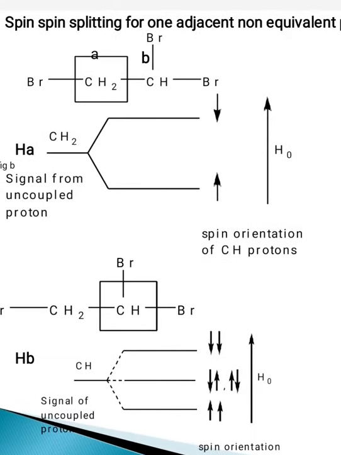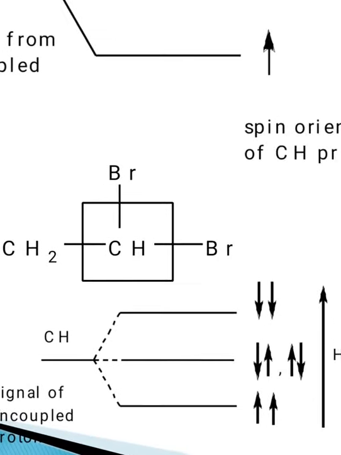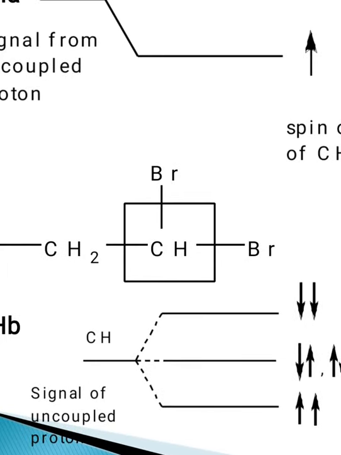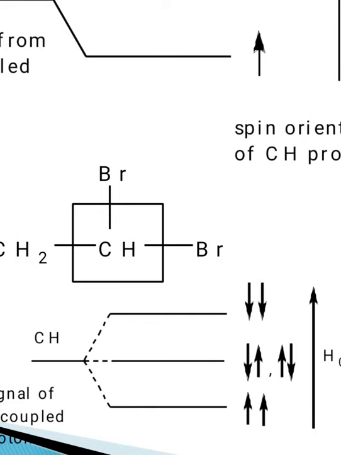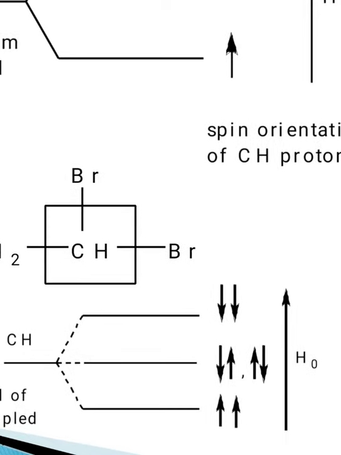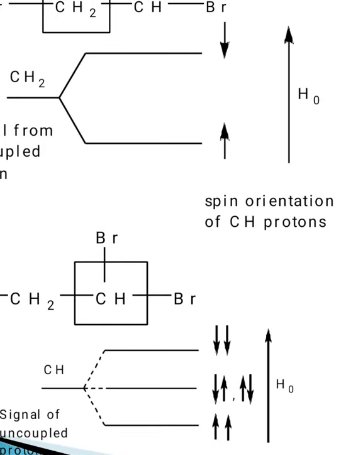While when we consider this CH B set of protons, there are two non-equivalent hydrogen atoms adjacent to it. See here, the possible spin orientations of these two nuclei are like this. In the middle line, there are two possible spin orientations. So there are a total of 4 possible spin orientations, and we get a triplet for this CH proton.